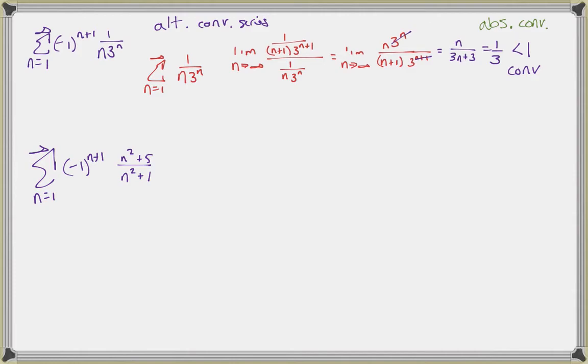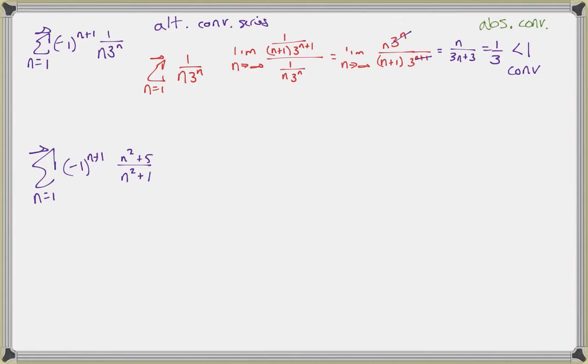All right, so as we think about our alternating series here, we've got that the terms are going to be positive, negative, positive, negative. They are not going to be getting any bigger after some point.